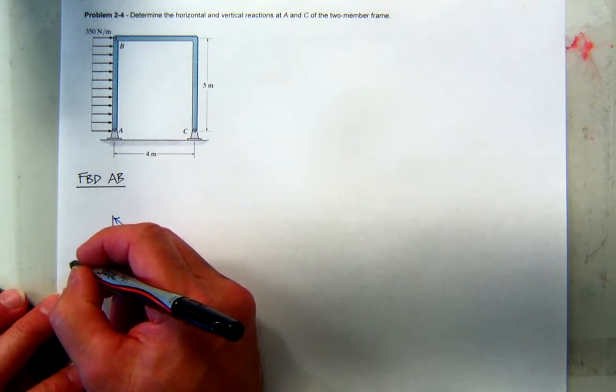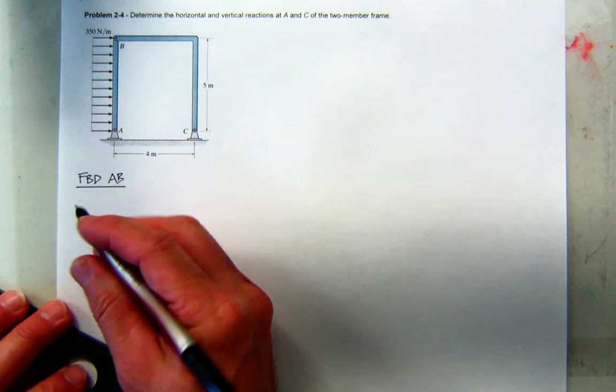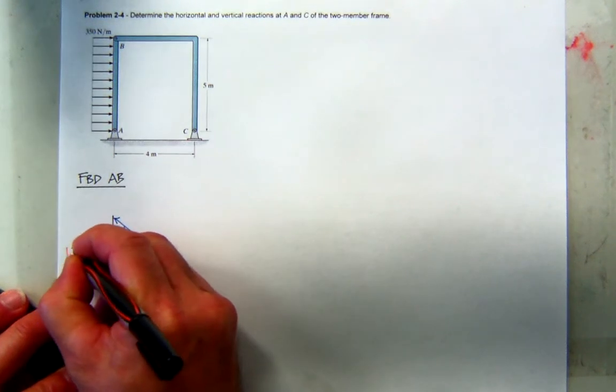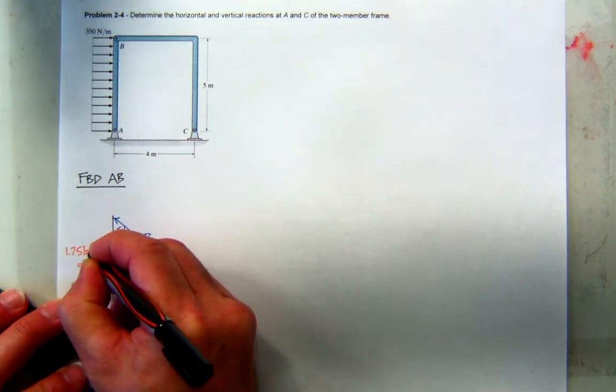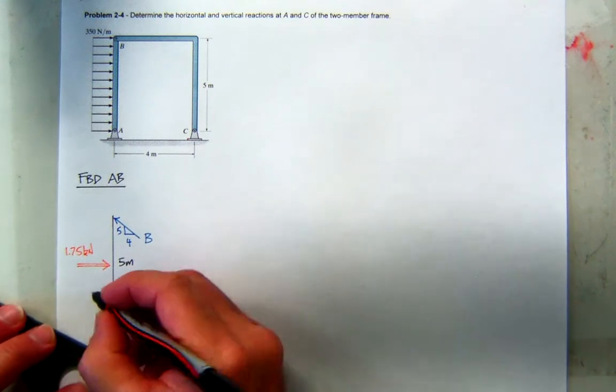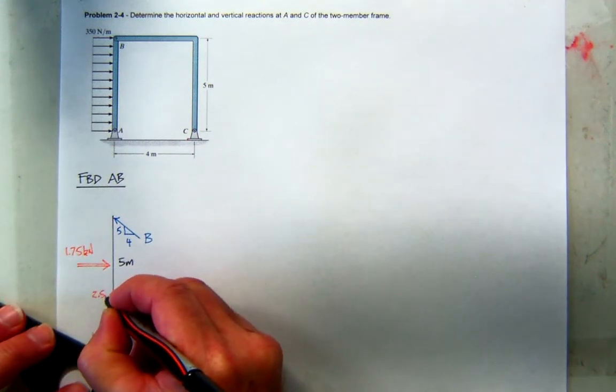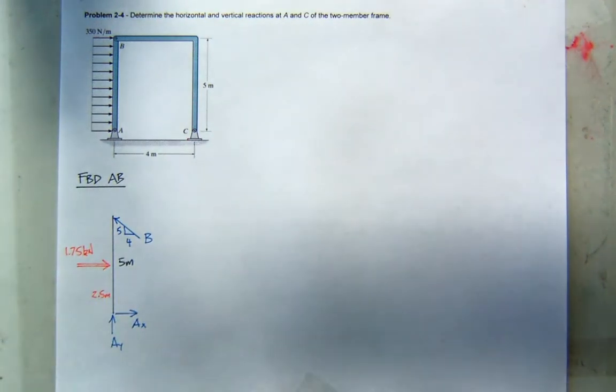So that's 1.75 kilonewtons, right? I'll do it that way. 1.75 kilonewtons. It happens right in the middle, so that would be 2.5 meters from the bottom or the top. There's my free body diagram.